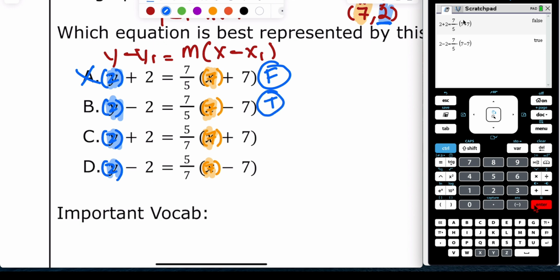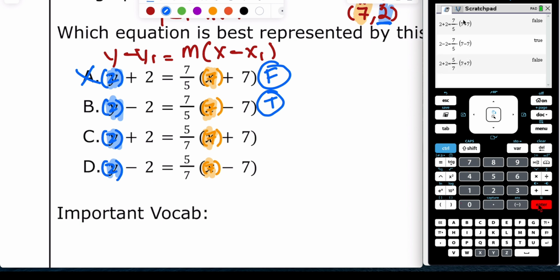Now, we can't say this is my answer yet because we might have 2 truths. With these, it's really easy to get 2 truths. Now C: parenthesis 2, parenthesis, plus 2 equals, control divide, 5 over 7, parenthesis, 7, parenthesis, plus 7, parenthesis, enter. And that gives me false, so we're on a good start.